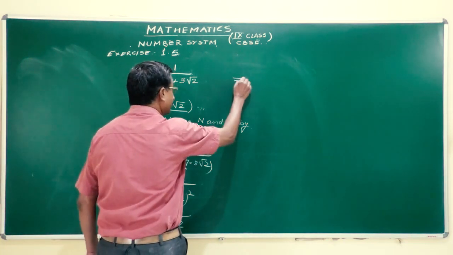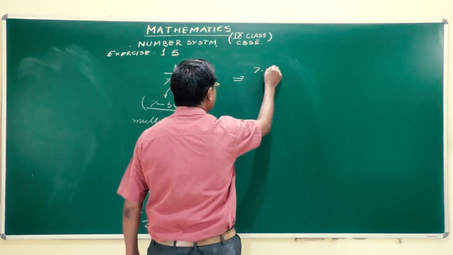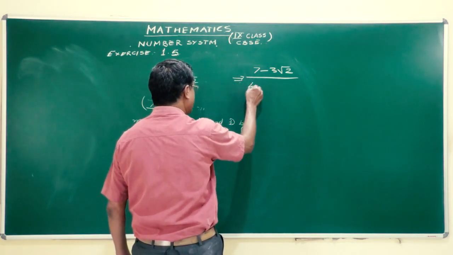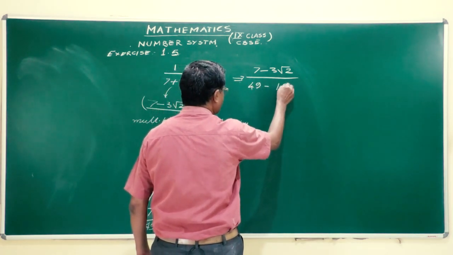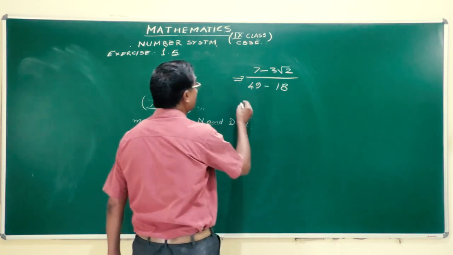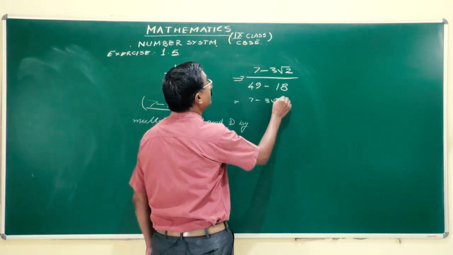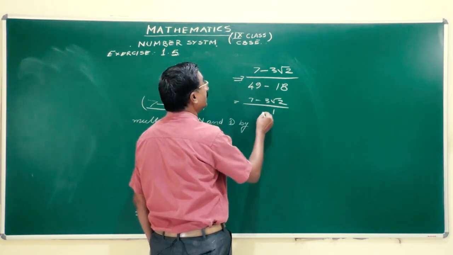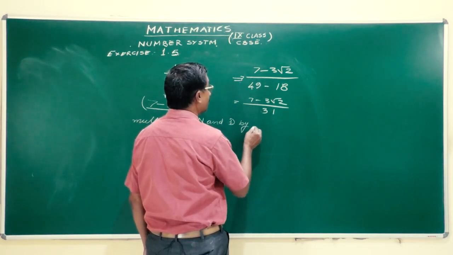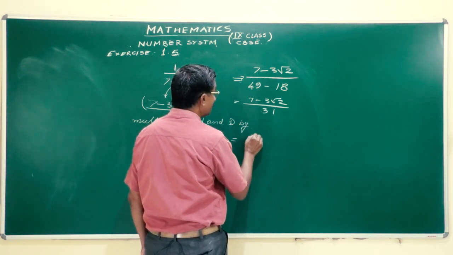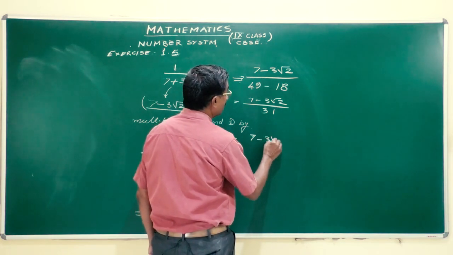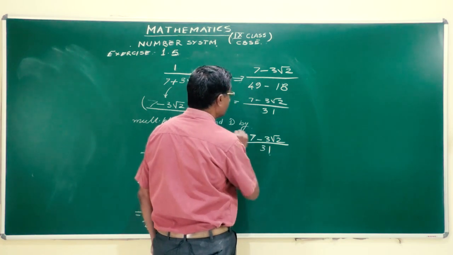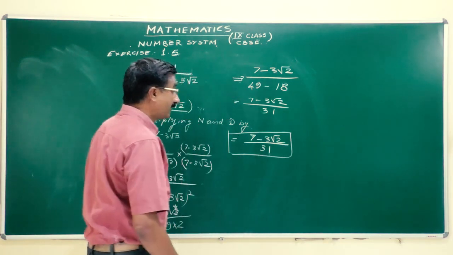So this is 7 minus 3 root 2 upon 49 minus 18. So 7 minus 3 root 2 upon 31 is the answer, and this term is rationalized.